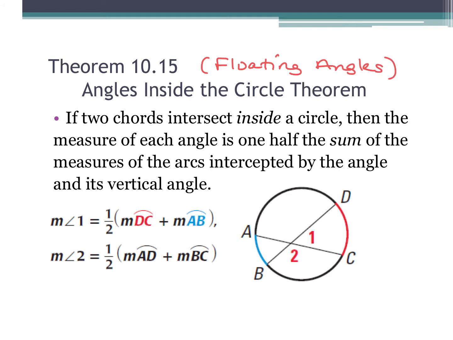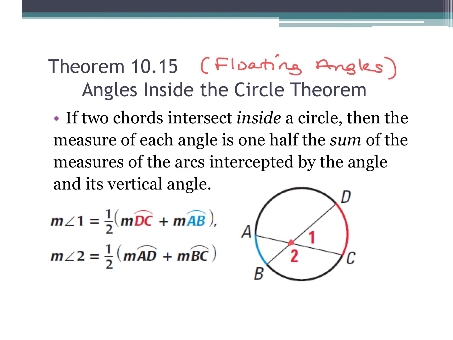Notice both angles 1 and 2 here. Neither of these are a central angle because this vertex is not the center of the circle. So when you have the floating angles, it's not going to be a central angle and it's not going to be an inscribed angle. They're just floating in the middle.